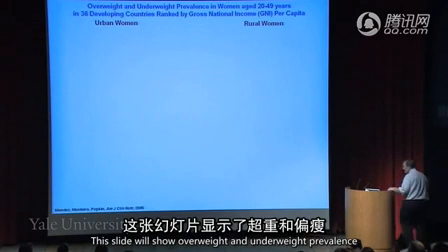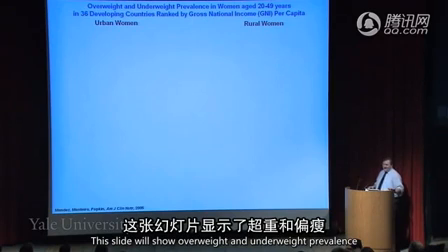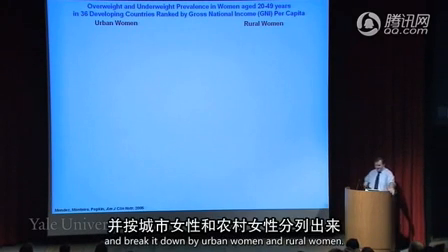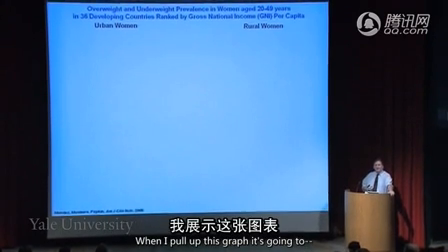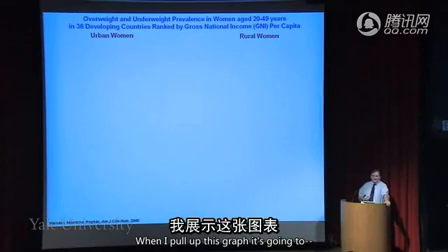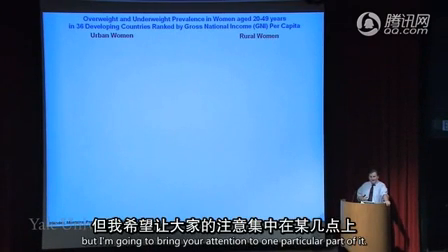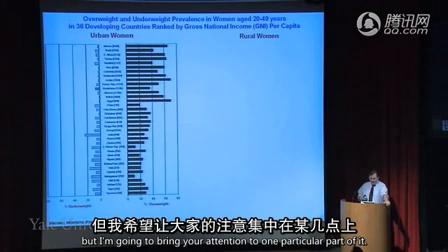This slide will show overweight and underweight prevalence in 36 developing countries and break it down by urban women and rural women. So when I pull up this graph, you're going to see lots of bars and data, and it'll be hard to decipher all at once, but I'm going to bring your attention to one particular part of it.